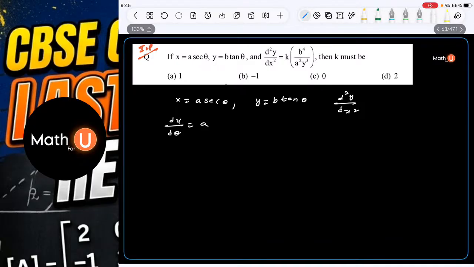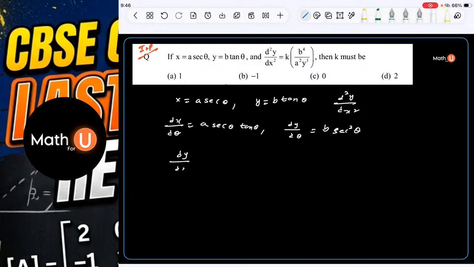Now a is a constant, keep it as it is. Differentiation of secant theta is secant theta tan theta. Similarly dy by d theta, b tan theta differentiation is b secant square theta.